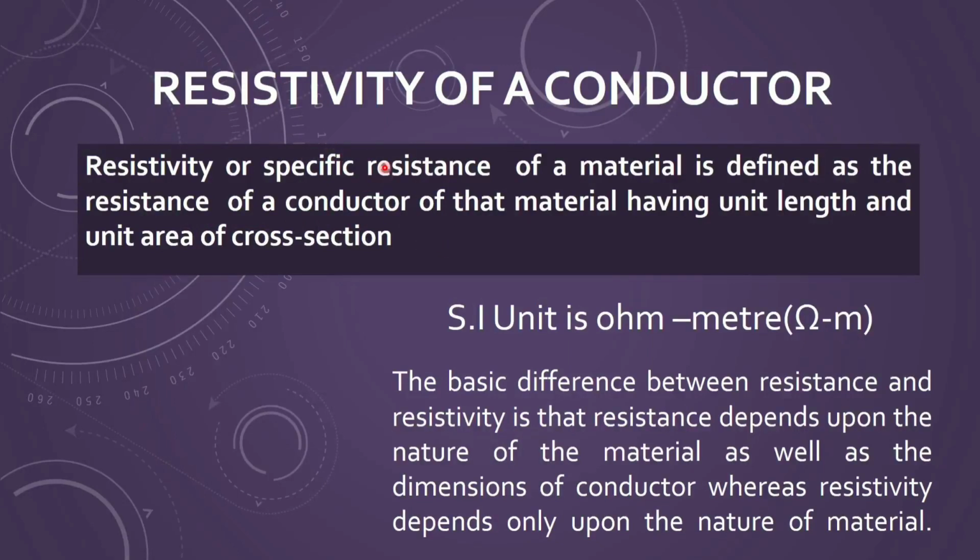It is resistivity or the specific resistance. It is equal to the resistance of the conductor if the material has unit length and unit area of cross section. So the unit for this, of course, is ohm meter, because R is rho L upon A. The unit of R is ohm, and for L upon A it will be 1 upon meter.